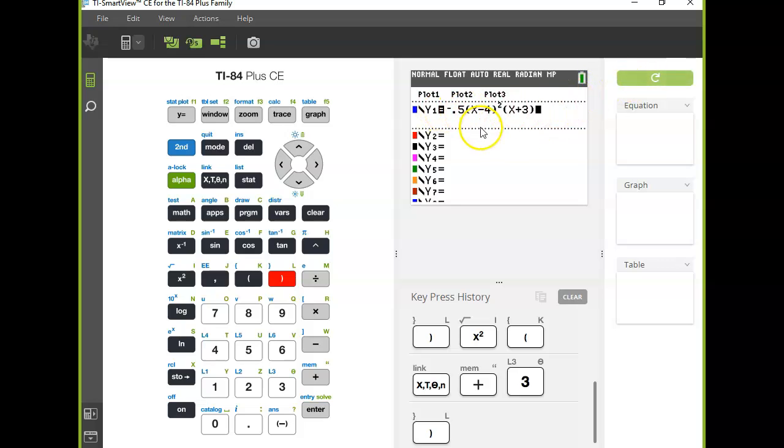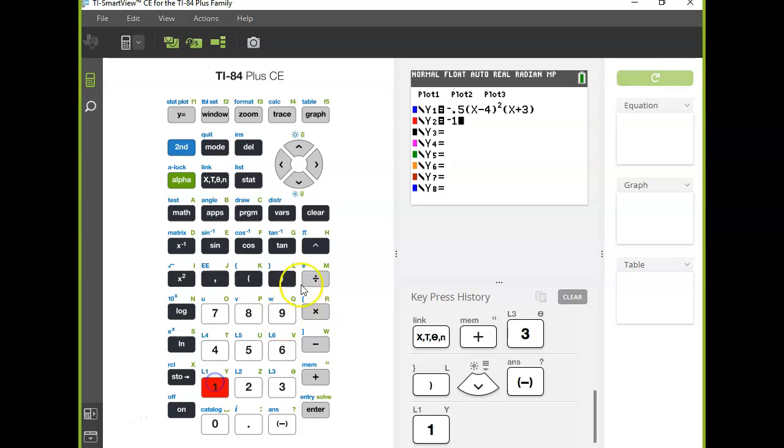Alright, so this is what I got. I used negative 0.5 instead of doing 1/2. There are a couple of ways. I'll show you maybe how to use your calculator to get the 1/2 in. You don't have to type what I'm going to, but if you wanted to, you could do negative 1 divided by 2, and that could represent 1/2.